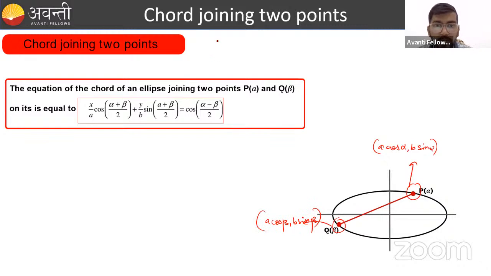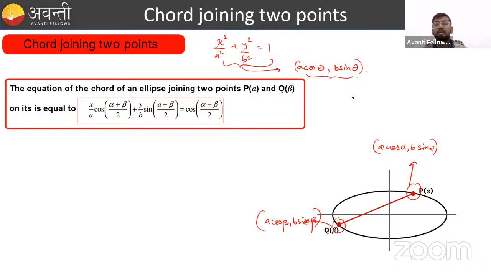So for an ellipse x square by a square plus y square by b square equals 1, you have to remember the parametric form, which is a cos theta comma b sin theta. So this is the parametric form of an ellipse.